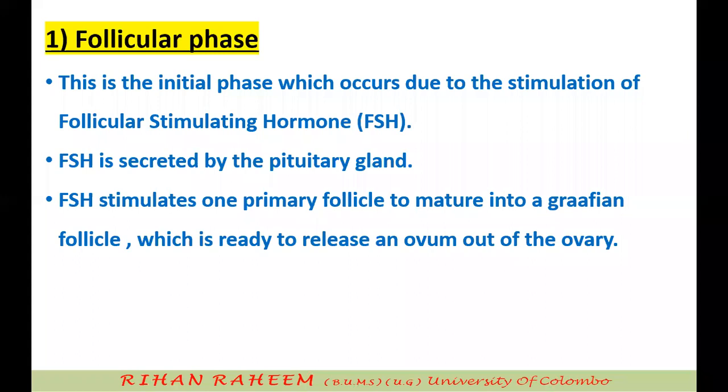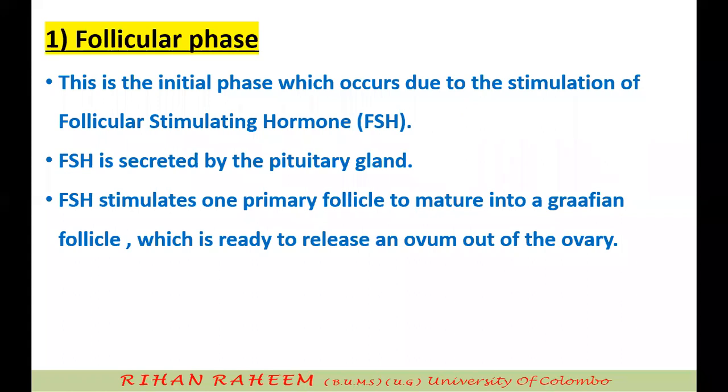FSH stimulates one primary follicle to mature into a Graafian follicle. Then this Graafian follicle is ready to release an ovum out of the ovary. So what is happening in the follicular phase? Very simple thing. The primary follicle is converted to the Graafian follicle. The hypothalamus is a part of the right brain?